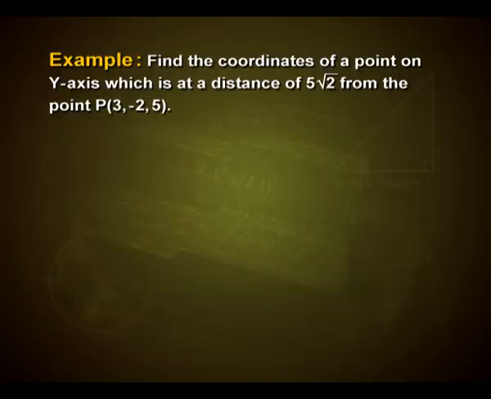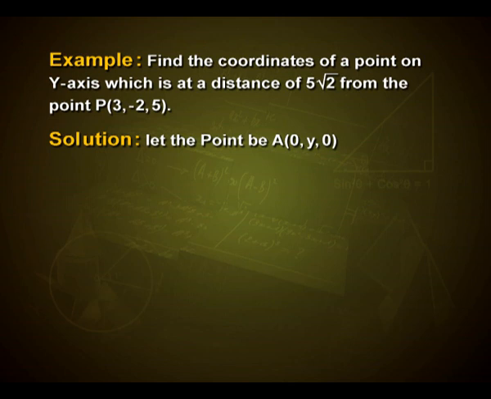Find the coordinates of a point on the y axis which is at a distance of 5 square root 2 from the point P(3, -2, 5). Now, let the point be A, that is (0, y, 0), which is on the y axis. Then we are also given that AP is equal to 5 into square root 2.